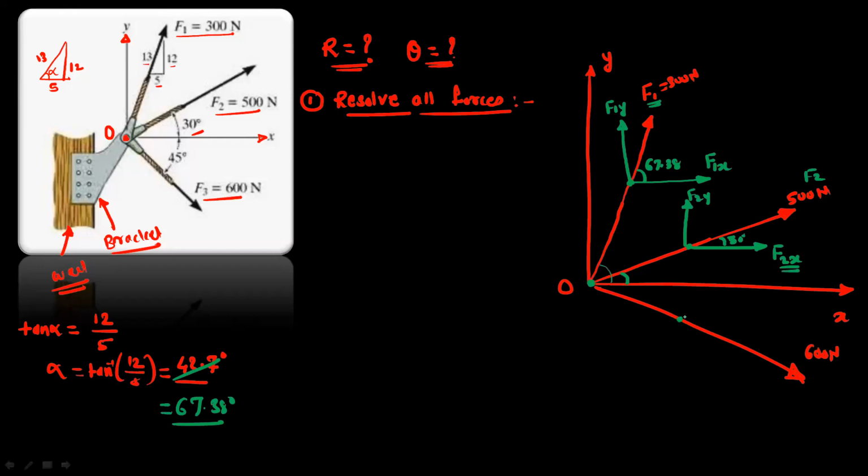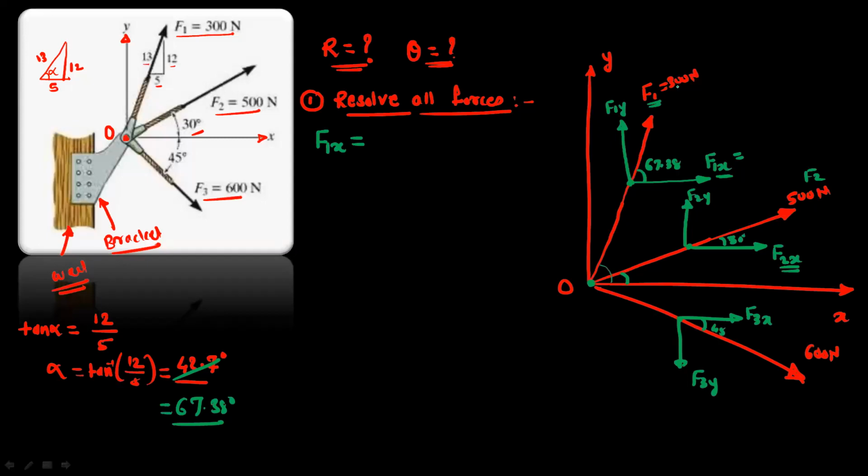And third, this is F3. This is 45 degree. And this is F3X and this is F3Y. So now I will write the components. So F1X is equal to, now here observe, F1X is adjacent to angle 67. Adjacent means cos.